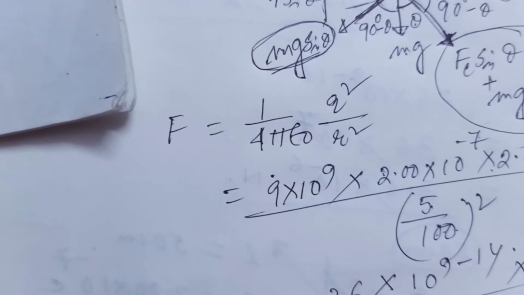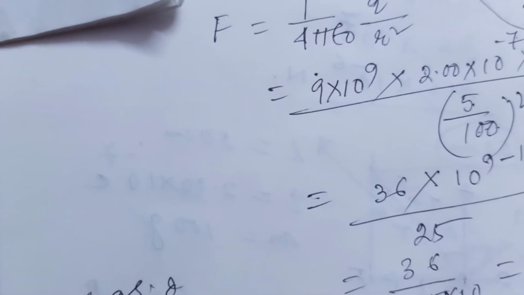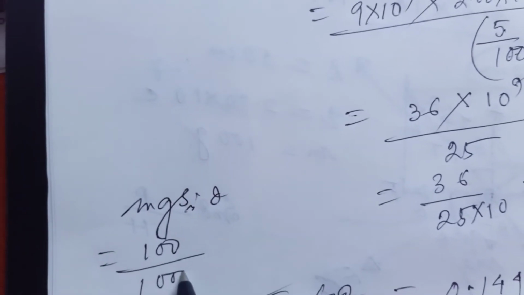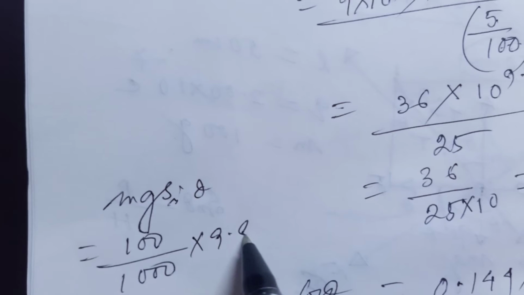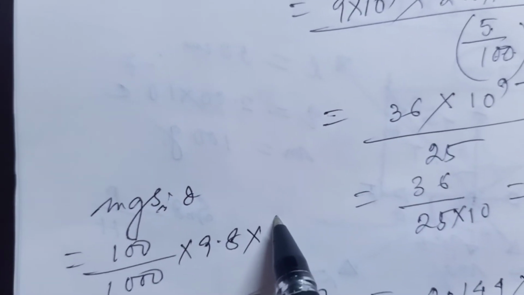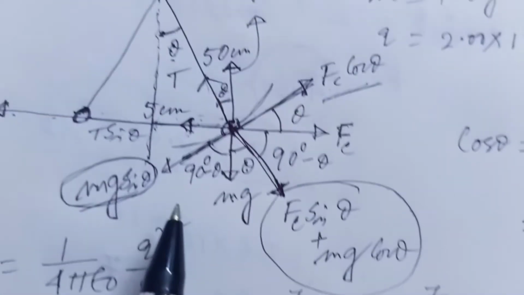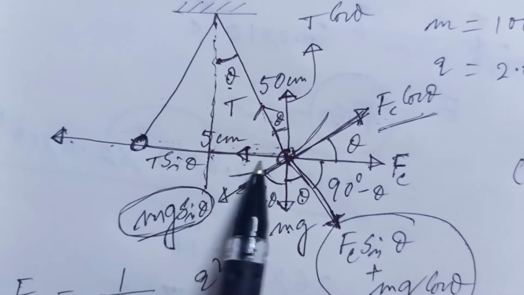So for mg sin theta, m means 100 divided by 1000, into g, that is 9.8, and sin theta is 2.5 by 50, perpendicular by hypotenuse.